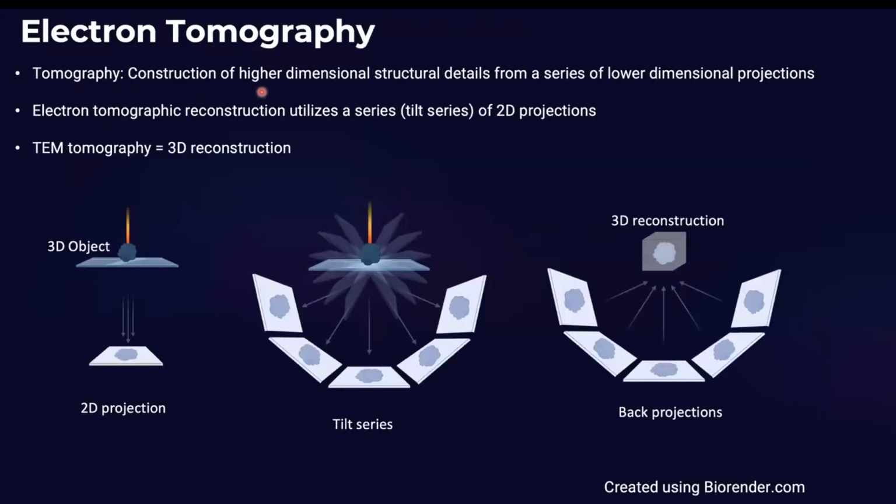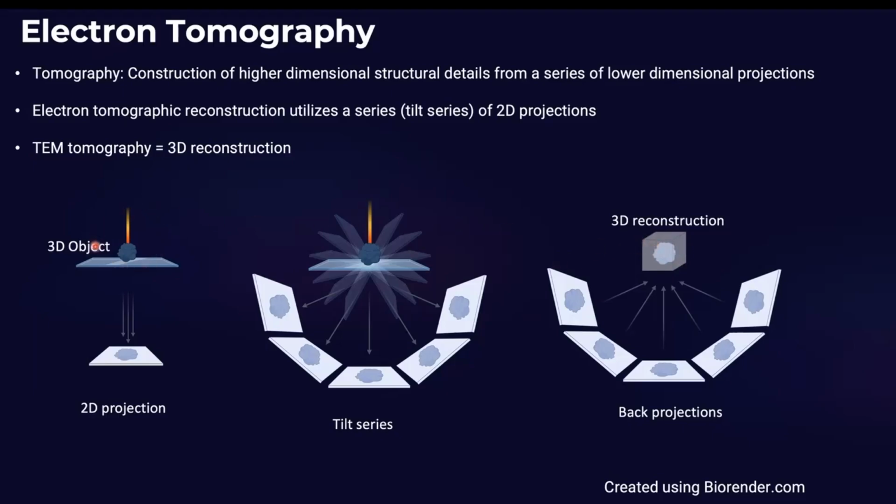So what is tomography? Tomography is nothing but constructing higher dimensional structural details from a series of lower dimensional projections. In conventional TEM, we always have two-dimensional projections. Now, if we can use a series of these two-dimensional projections collected at different tilted angles, then we can get a 3D reconstructed structure.